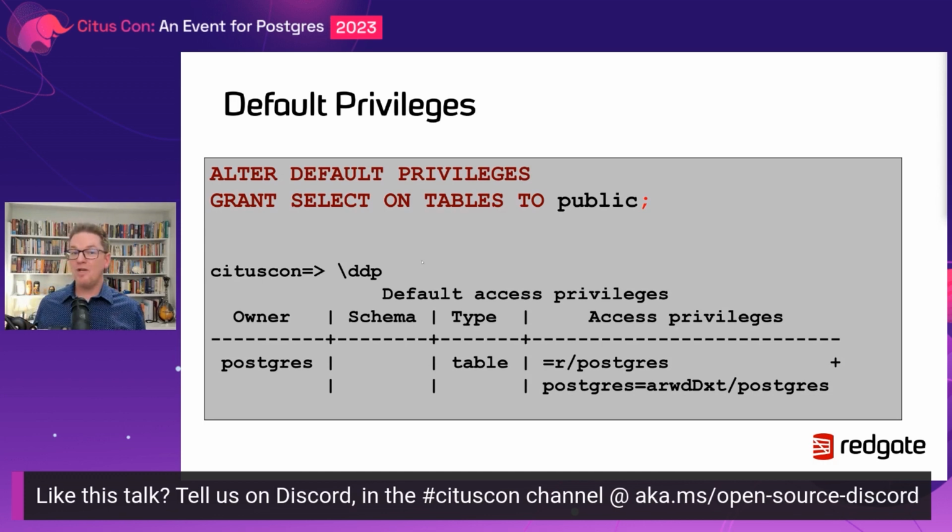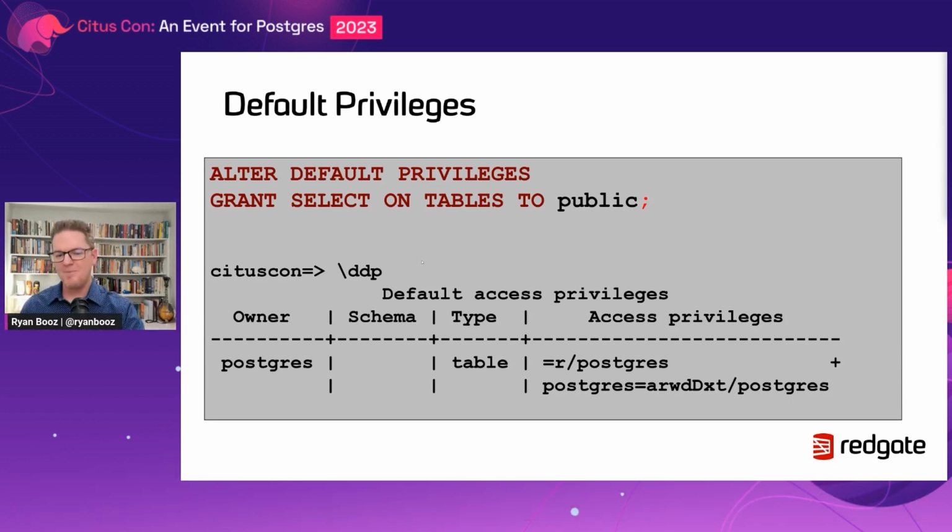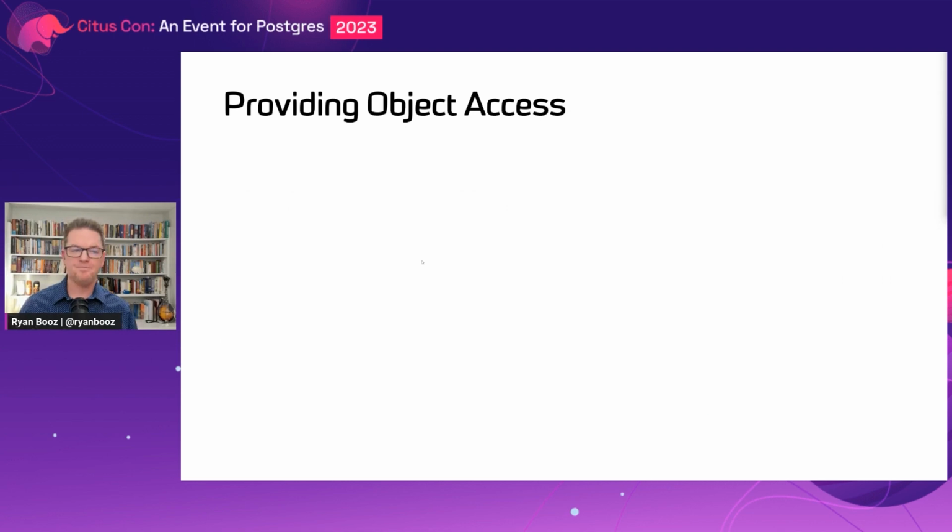And because everyone else, all the other roles, are part of the public role, they will then have select on the table. And then I don't have to create an object and then grant privilege, create an object and then grant privilege every time. So default privileges really are a key component in providing access to other objects within your database.